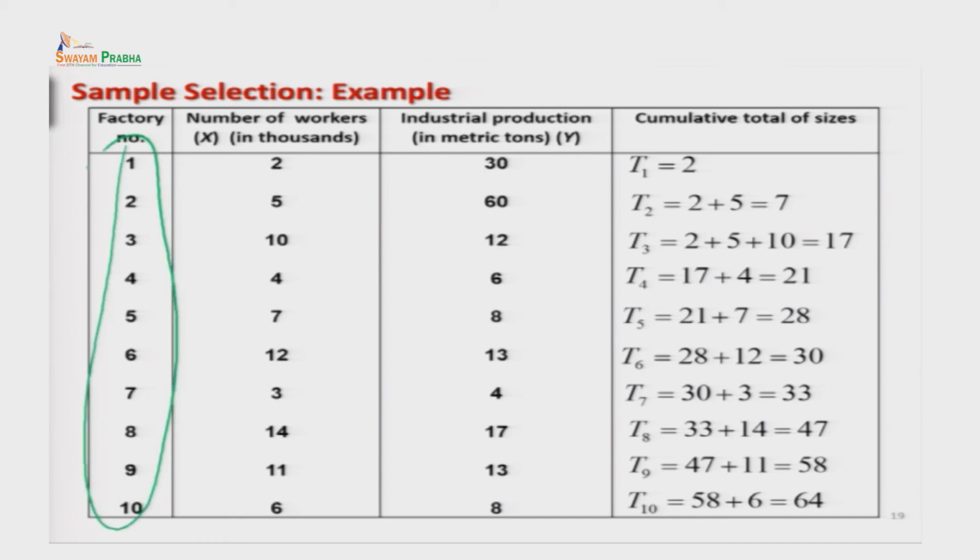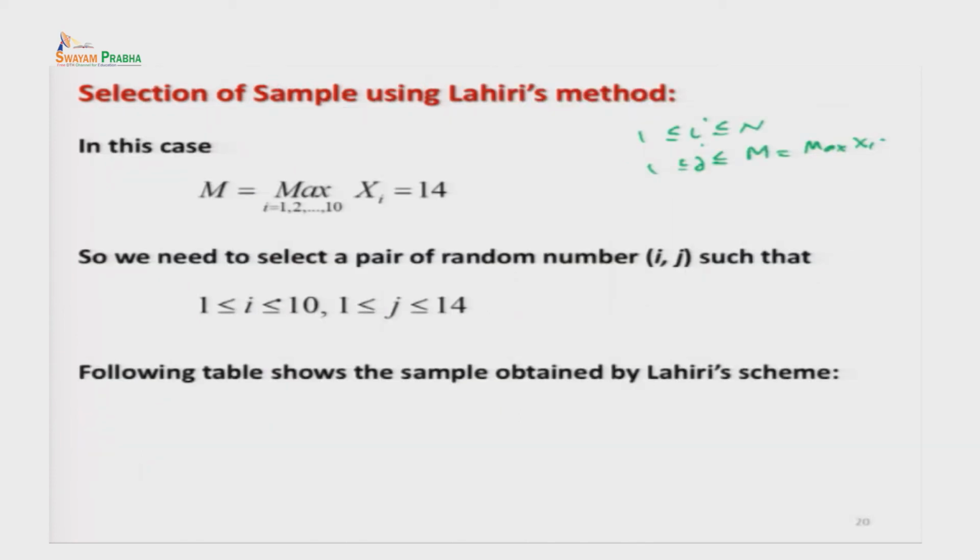This is what we had discussed, that we need to associate one integer with every unit. We have 10 factories, so every factory number has been associated with one integer from 1 to 10. So now i will be lying between 1 and 10, right.